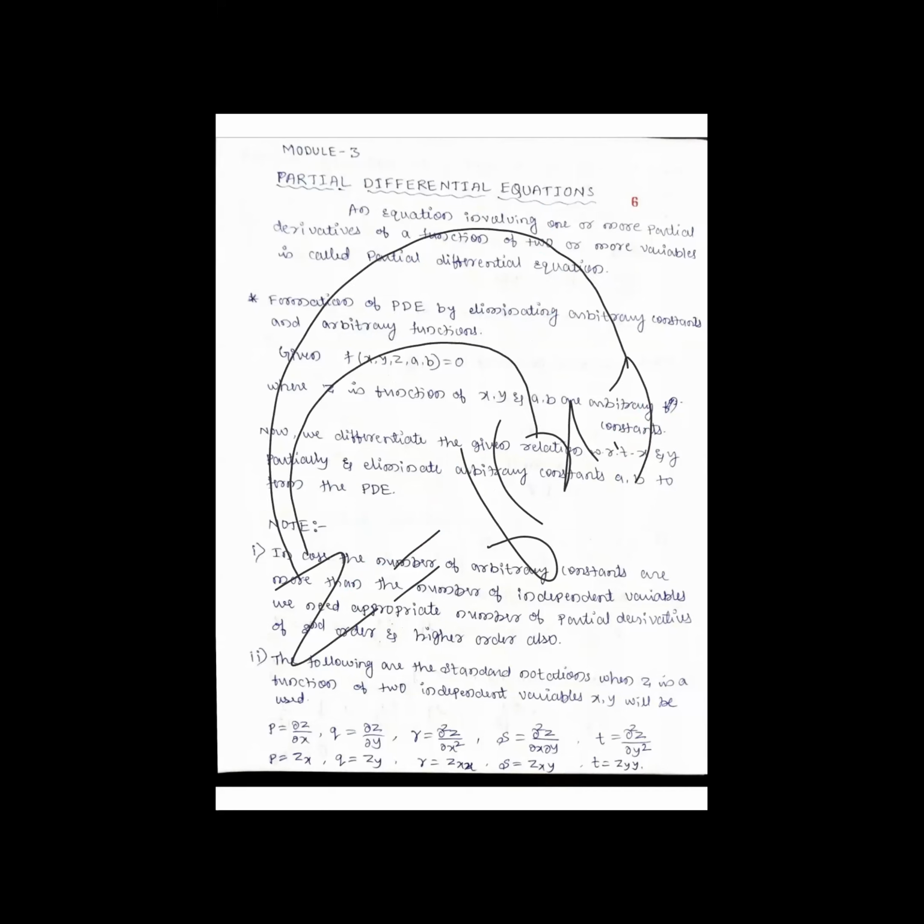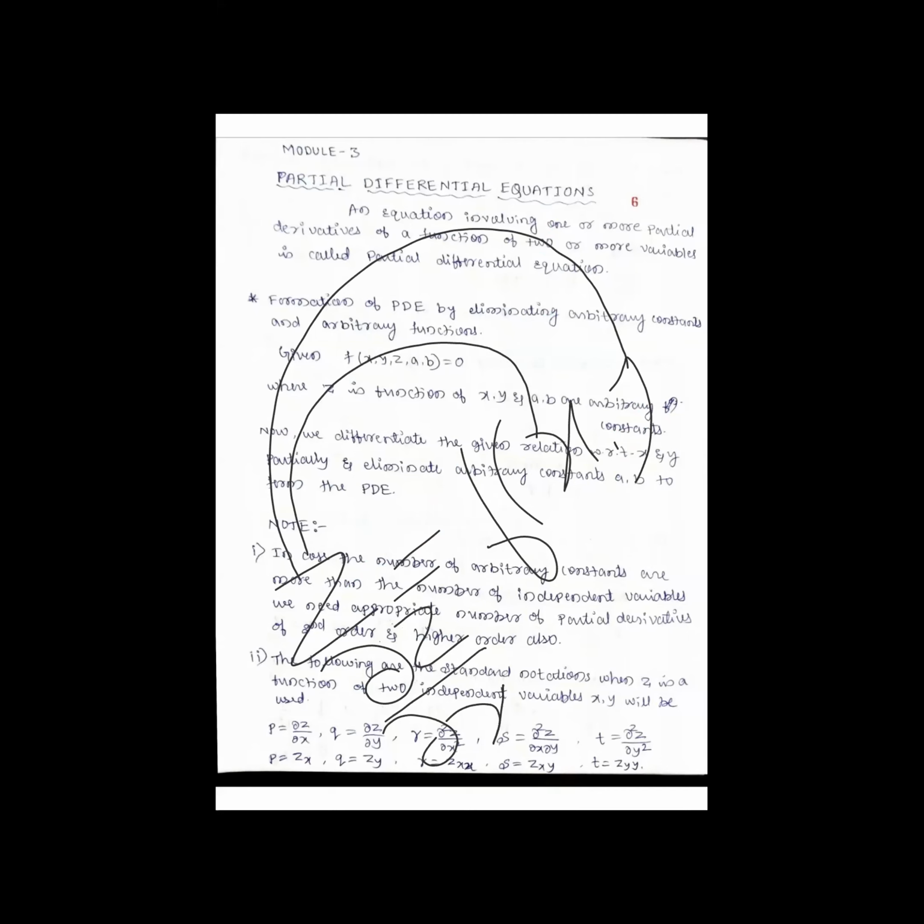Next, now we differentiate the given relation with respect to x and y. If you differentiate with respect to x, I'm getting dou z by dou x.